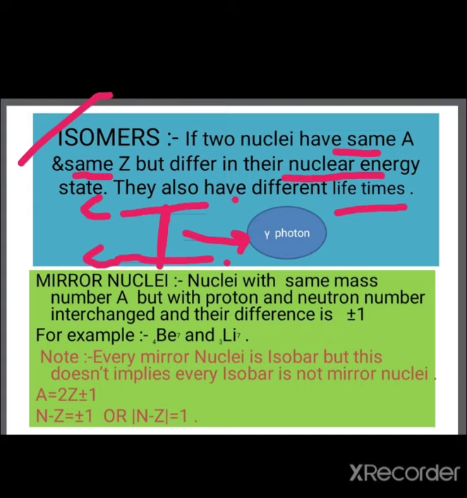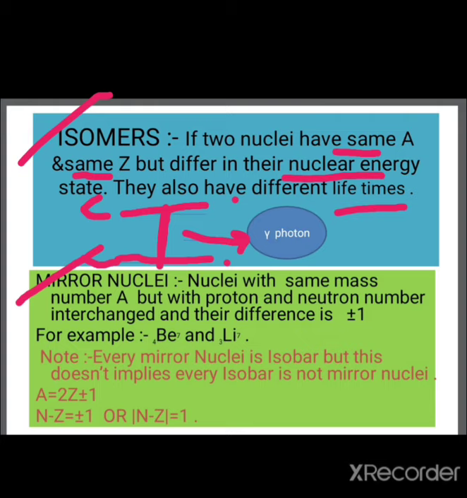Next we will discuss what are mirror nuclei. These are nuclei with the same mass number A but with proton and neutron numbers interchanged, and their difference is plus minus 1. For example, I have taken here 4Be7 and 3Li7.